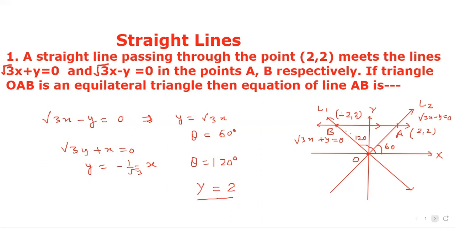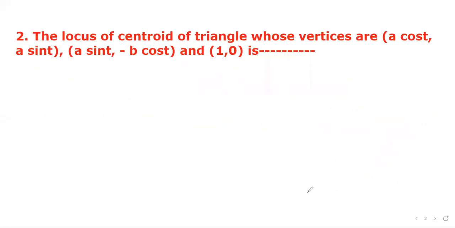Now, let's consider the next question. The locus of the centroid of a triangle whose vertices are (a cos t, a sin t), (b sin t, minus b cos t), and (1, 0). Here a and b are non-zero integers.